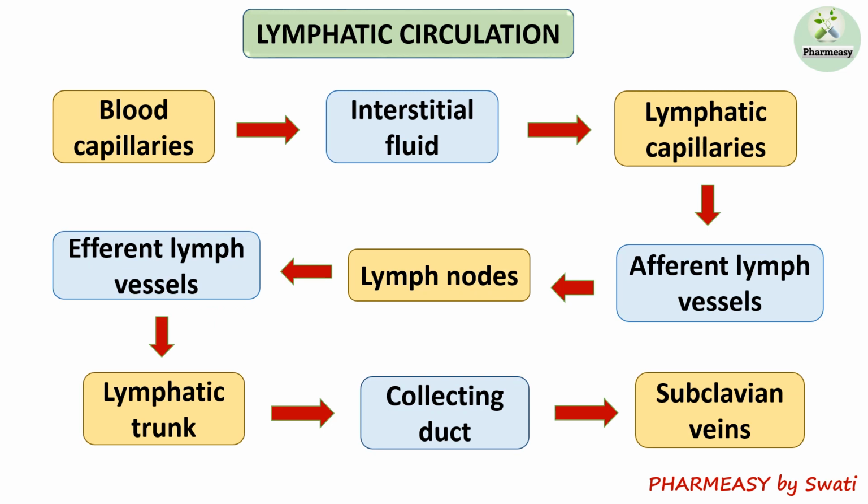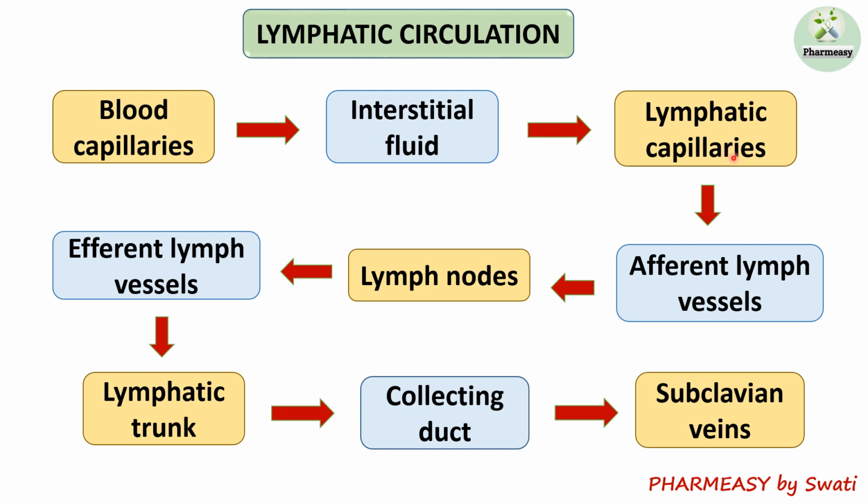Now our next topic is lymphatic circulation. Lymphatic system emerges from tissue spaces as a fine meshwork of vessels. It is a complex fluid drainage system. Some fluid leaks out of blood capillaries, and it becomes interstitial fluid. When the interstitial fluid reaches lymph capillaries, it is called lymph.